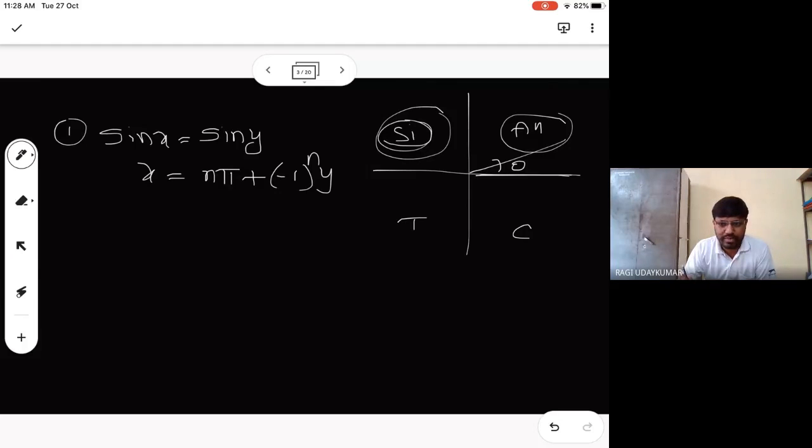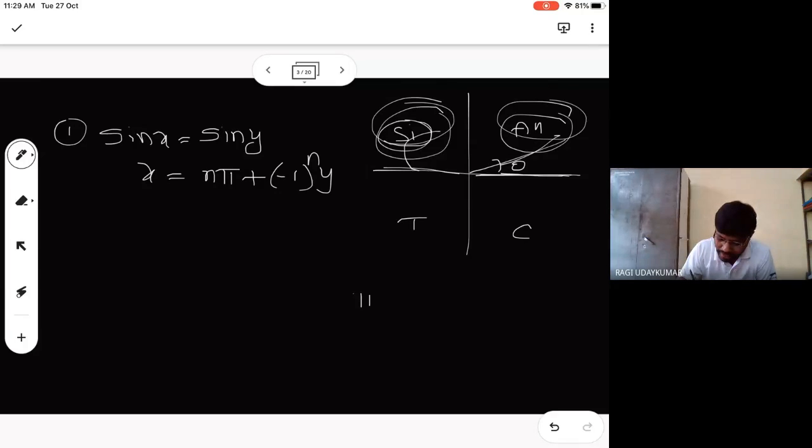Here for 30 degrees, you get 180 minus 30 degrees, and 2 pi plus 30 degrees, again it is the same value, and 3 pi minus 30 degrees, isn't it? So in these two quadrants, the sine is positive, so the same value you are going to get.